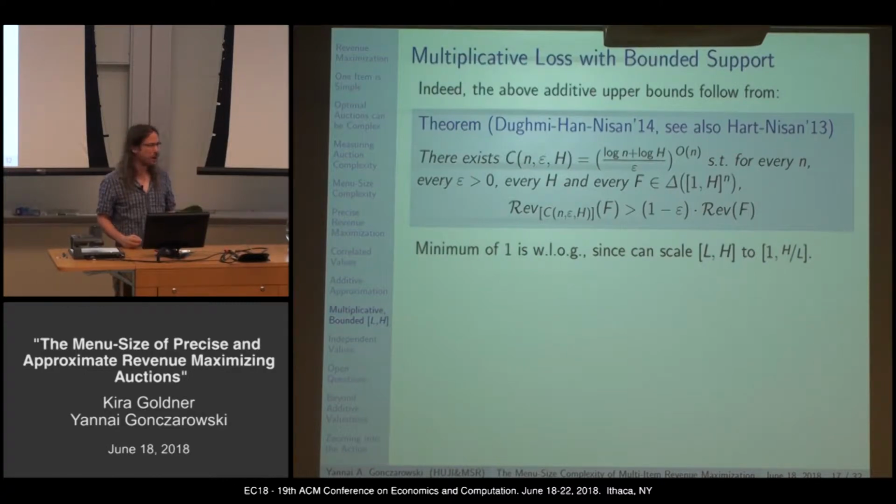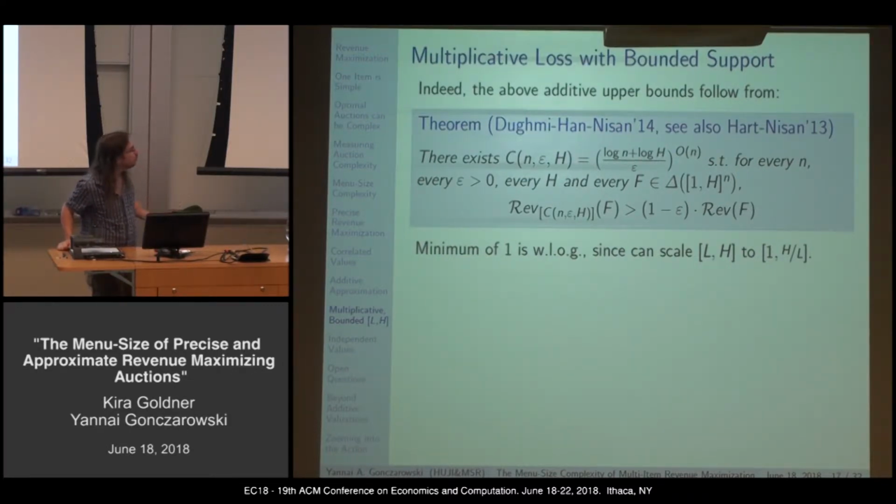We had a multiplicative loss and an additive loss. Once you know that everything is bounded between L and H, then the optimal revenue is at least L, so you could subsume an additive epsilon in a multiplicative epsilon, or an additive epsilon in a multiplicative epsilon over L, something like that.